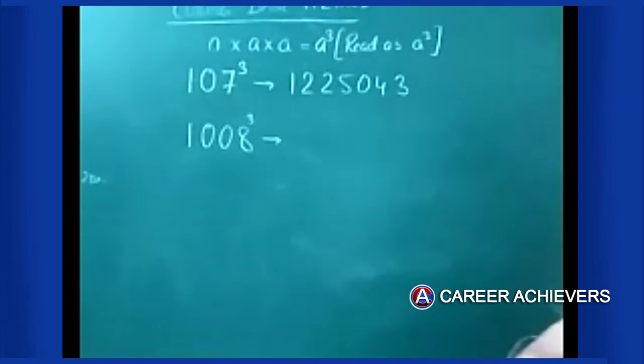Samriddhi, correct answer. Arpit, just remember the rule. The base has 3 zeros. So in each step you are allowed to write 3 digits. That is the mistake you are making. You are writing 2 digits. Arpit, try one more time. Just your third step is incorrect. The other two are correct.